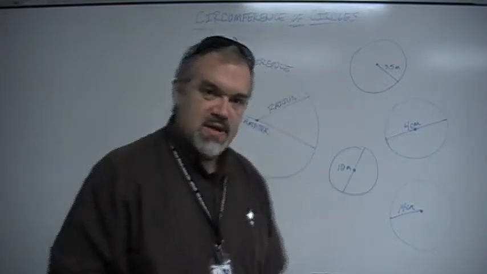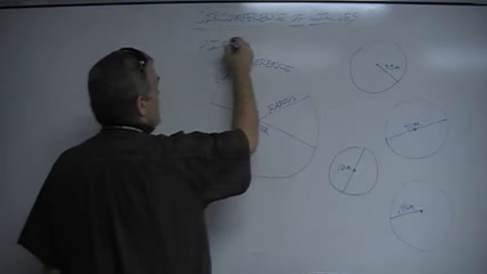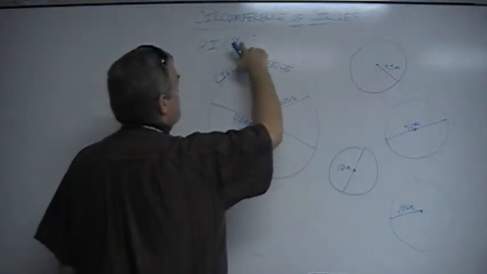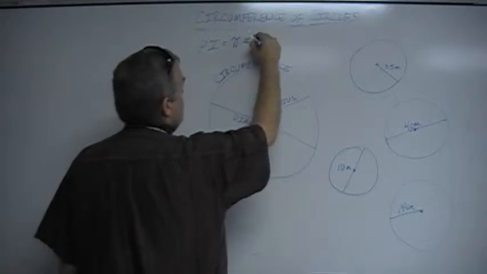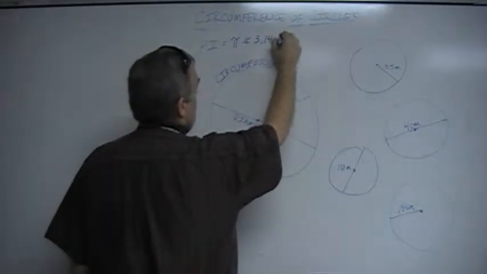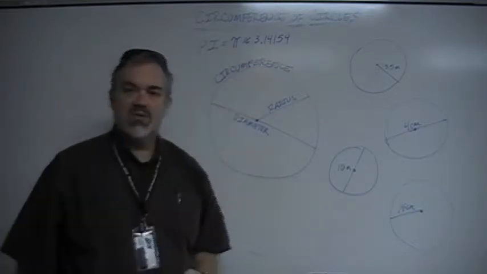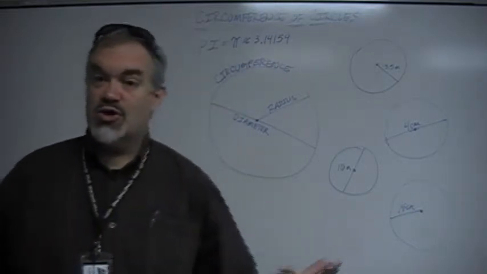For our purposes, you'll never really need to know it exactly. It's not exactly equal to, but it's approximately equal to 3.14159. That is pi to 5 decimal places. Most of the time we only use 2.